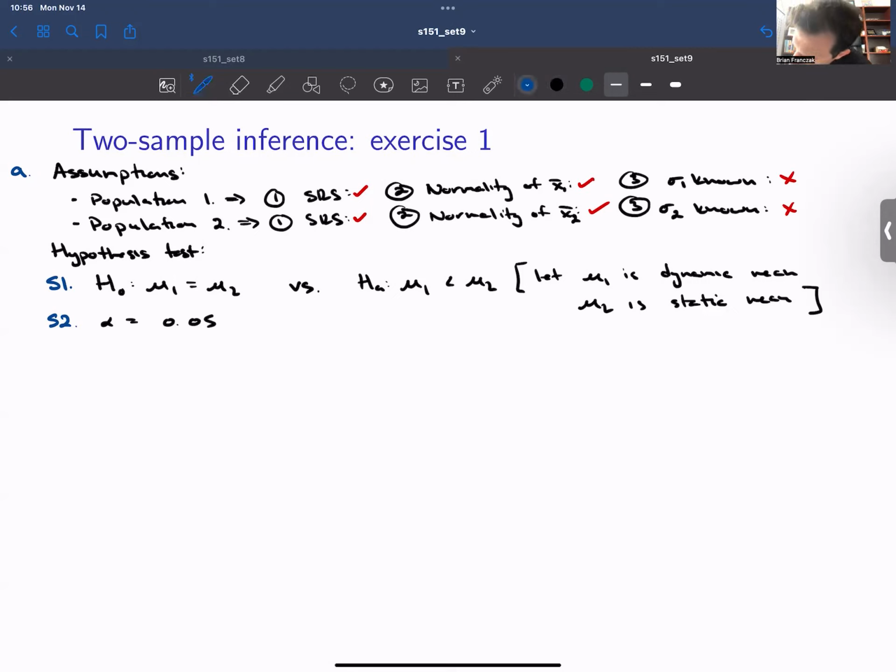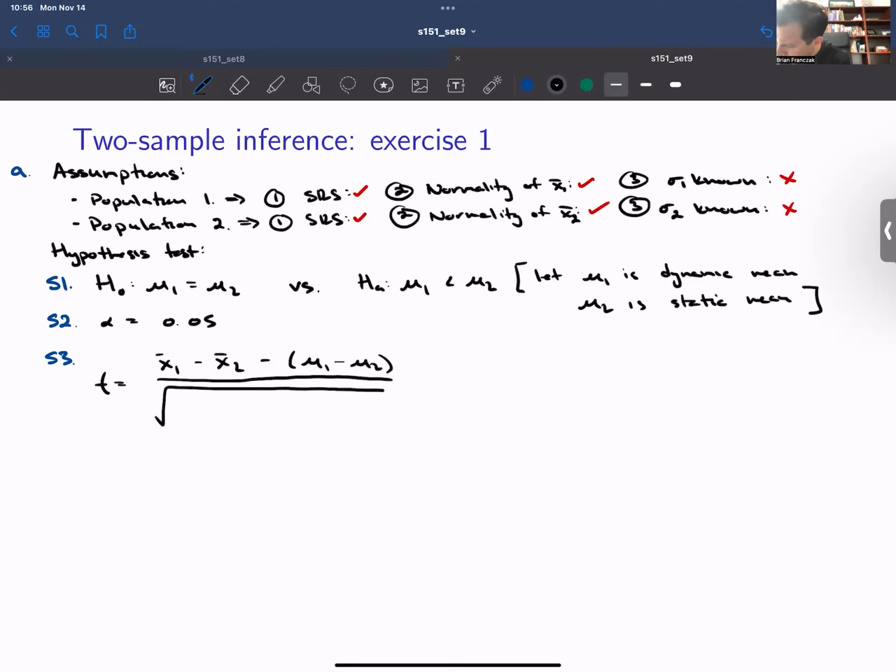Okay, so now on step 3, we're going to compute our test statistic. So the test statistic here is going to be x bar 1 minus x bar 2 minus mu1 minus mu2, divided by the square root of S1 squared over N1 plus S2 squared over N2.